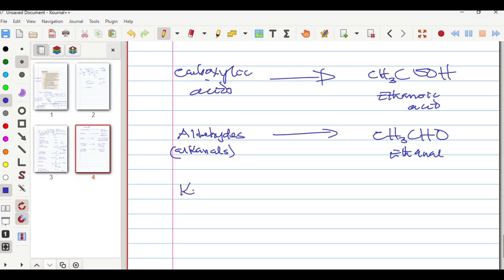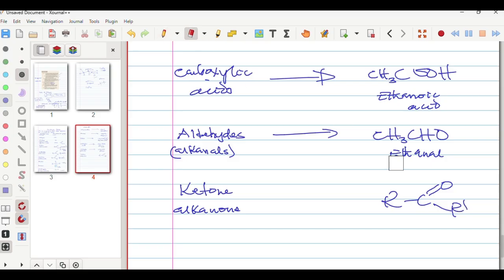Ketone, which is alkanone, and remember it is RC double bond O, or I will say RCOR', which is very easy. So we change this R to CH3, and the second R we change to CH3 as well.